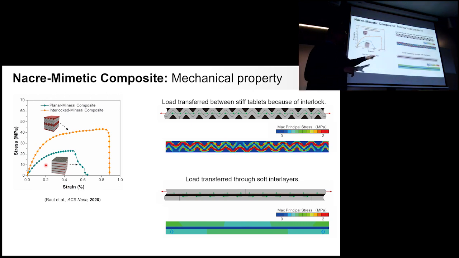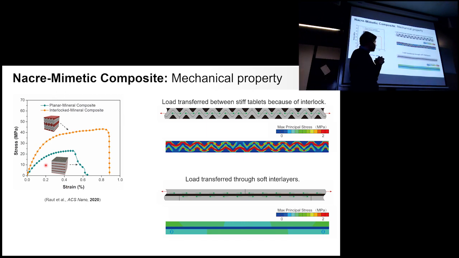The reason is that the aspect ratio of nacre tablets is so high, and they are so elongated and interlocked, that it becomes extremely difficult for the tablets to slide past one another. In a tensile test, we take the sample and try to apply tensile load to it.